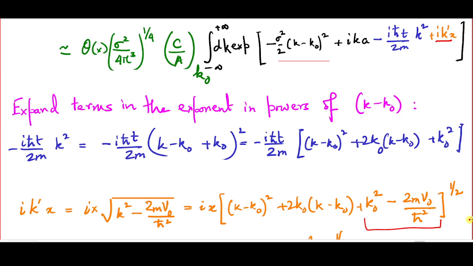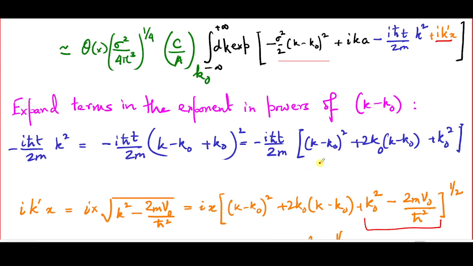The slightly non-trivial part is writing i k prime x. This is i x times the square root of k squared minus 2mV0 by h cross squared. The k squared can be replaced by exactly the same thing as here. And the k0 squared minus 2mV0 by h cross squared is the term which you get when k is equal to k0.